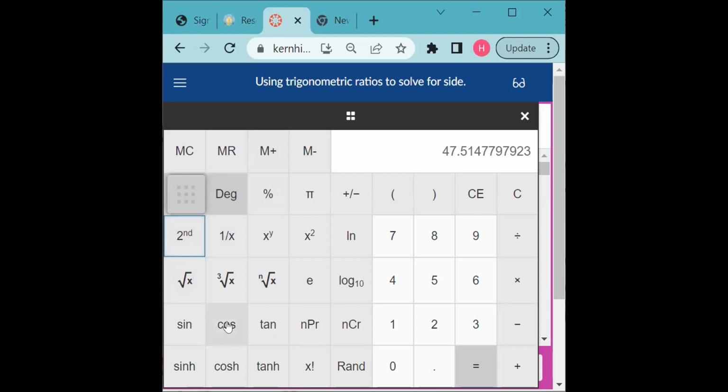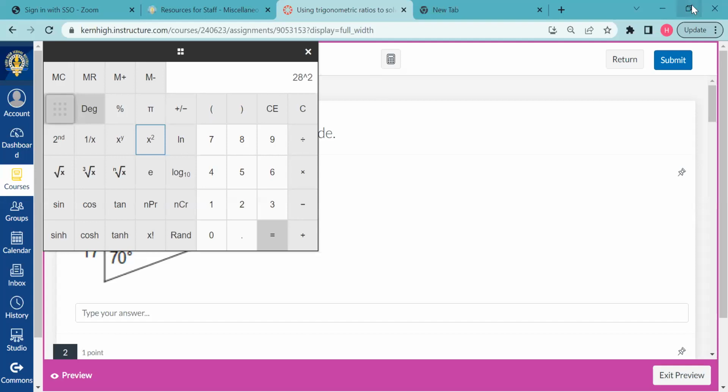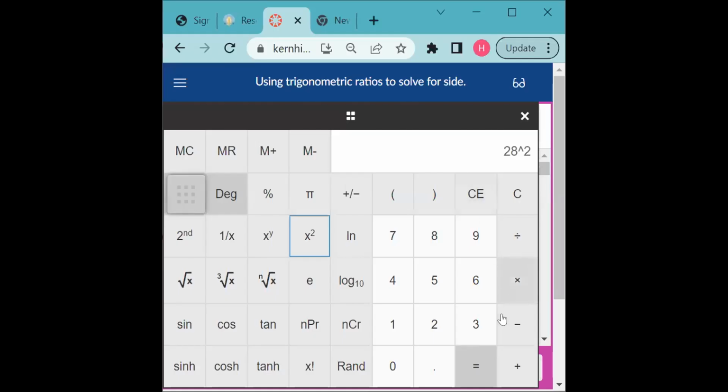I'm going to use cosine, so I'm going to get that ready. Let me clear this out. So I have 28 squared minus 20 squared minus 12 squared. I even press equal. I want to worry about the top first.